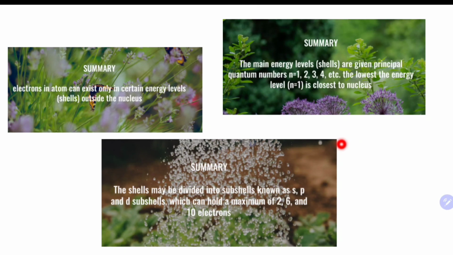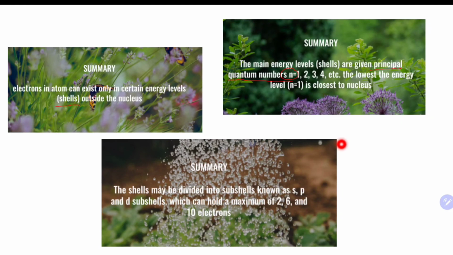We summarize. Electrons in an atom can exist only in certain energy levels, or we say shells, outside the nucleus. The main energy level or shell is given by the principal quantum number n.